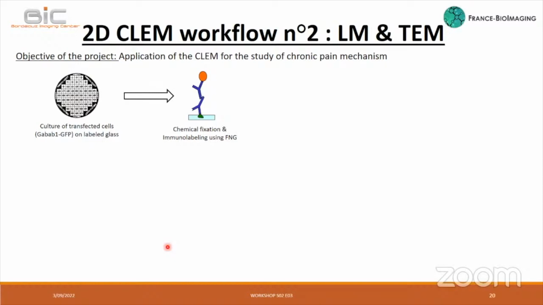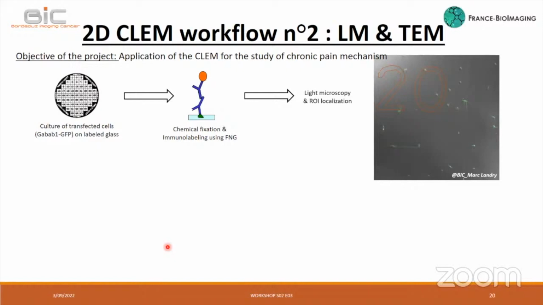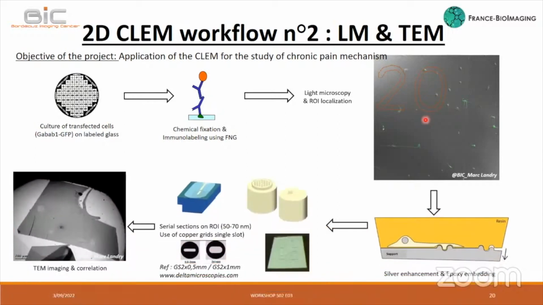After chemical fixation and immunolabeling using FluoroNanogold as a secondary antibody, we observed in light microscopy and localized the numeric region. After that, the coverslip was treated for TEM.